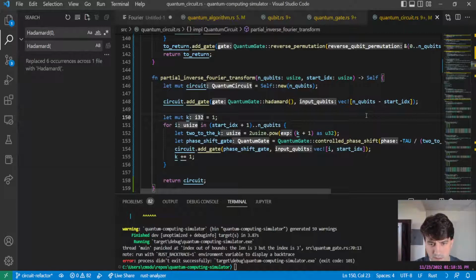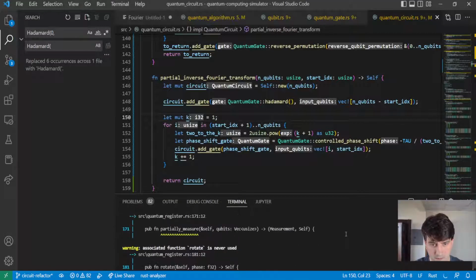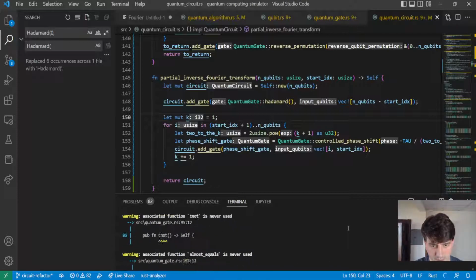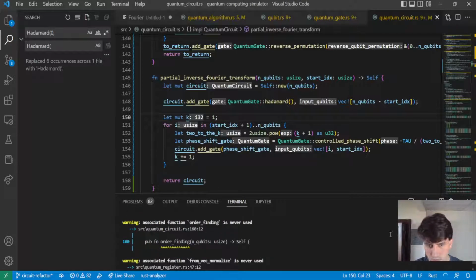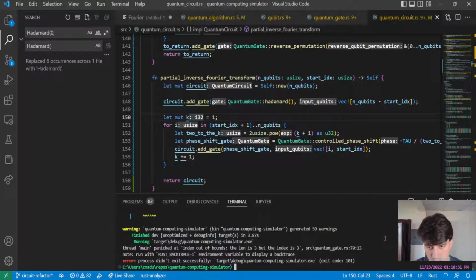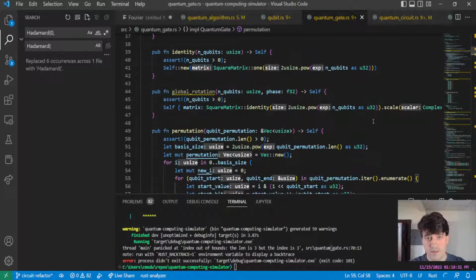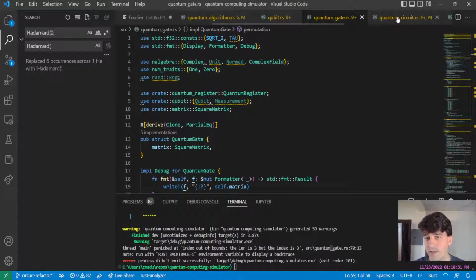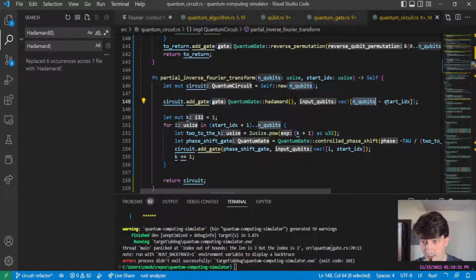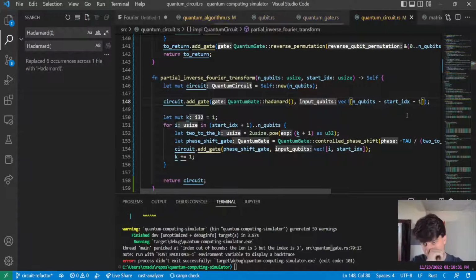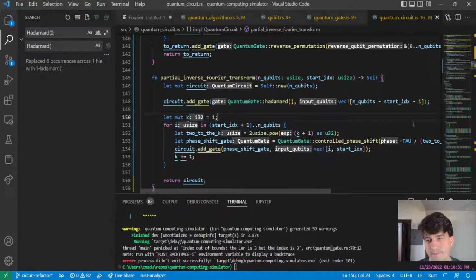All right, let's find out why my code didn't compile. It's because I changed something and broke it. N qubits minus start IDX minus 1, yeah.